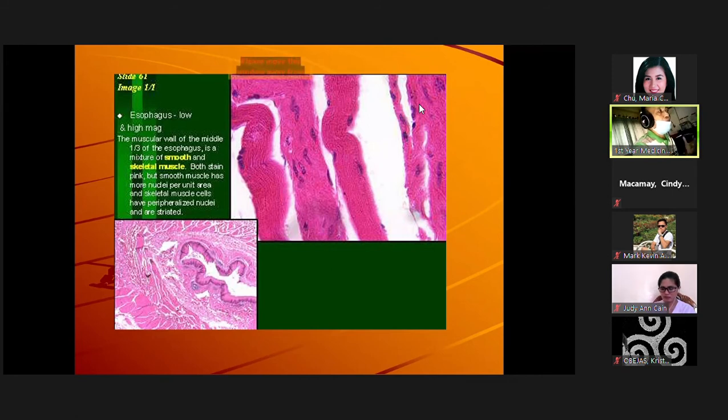If it is in the middle part, it depends on the area, especially if it is near the stomach, in the lower third of the esophagus. If it is in the lower part already, it will go to your stomach.